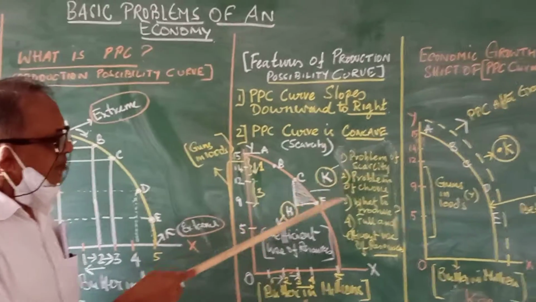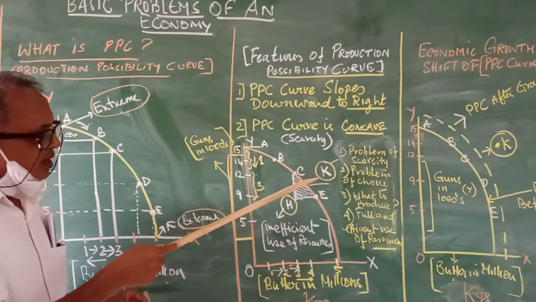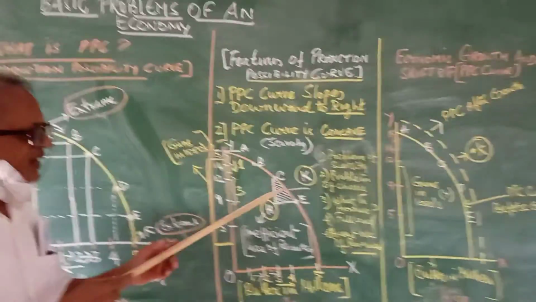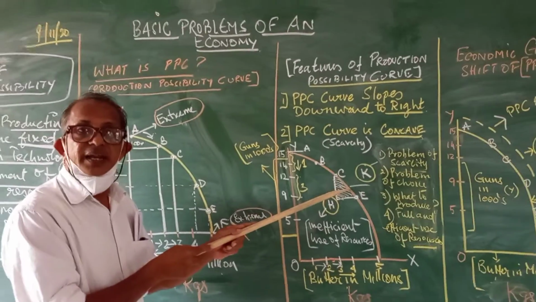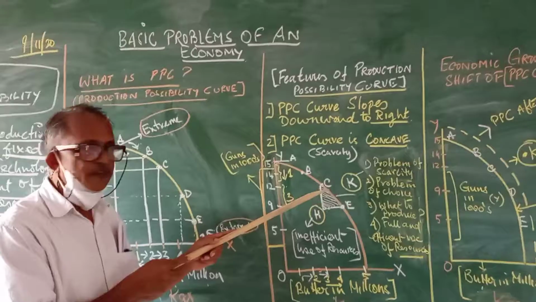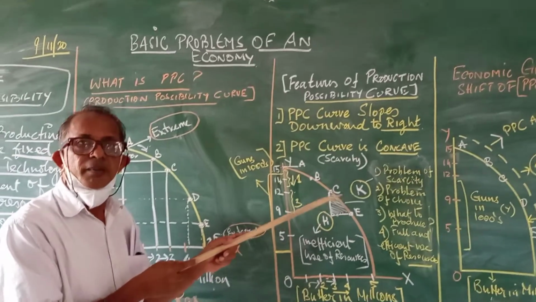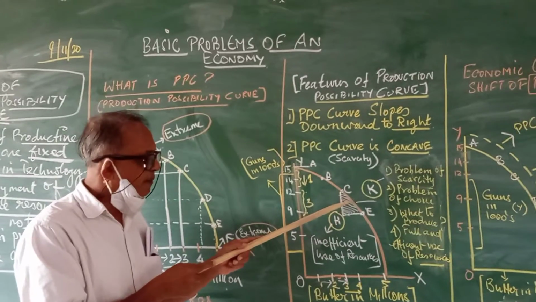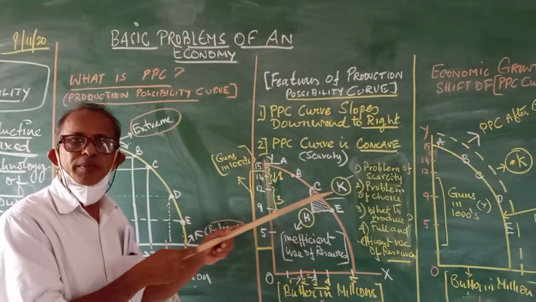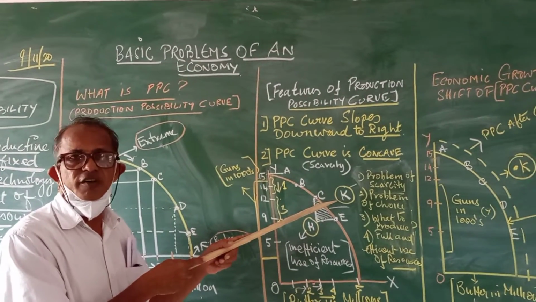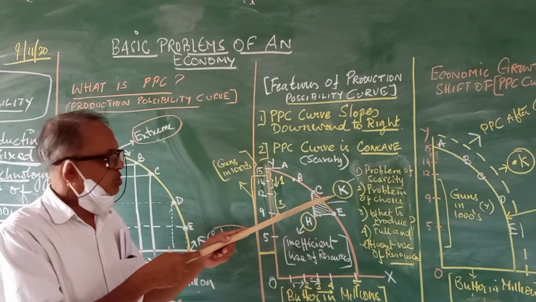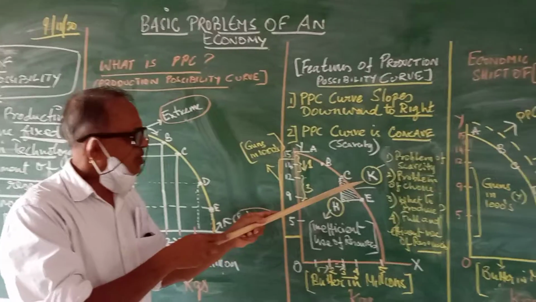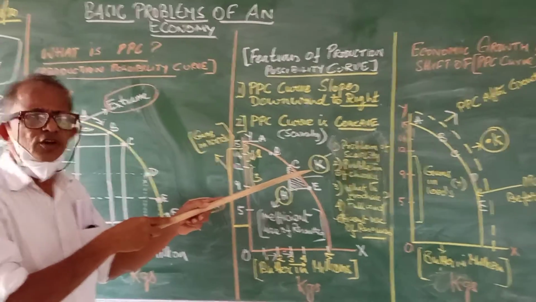The plotting called K outside the curve indicates that an economy, because of its limited resources, because of scarcity of resources, cannot go beyond the curve in manufacturing of products. It is beyond the curve, so it cannot be manufactured.